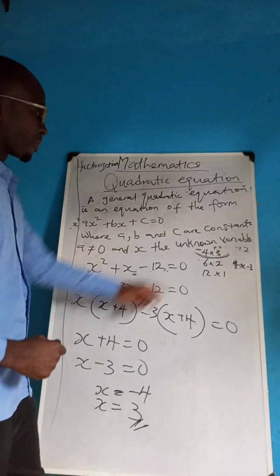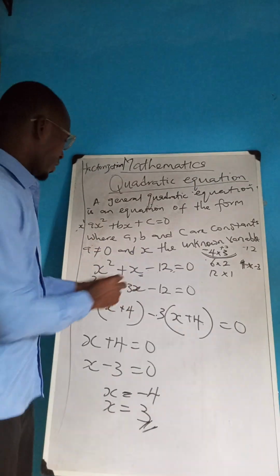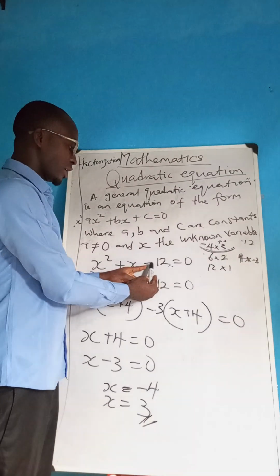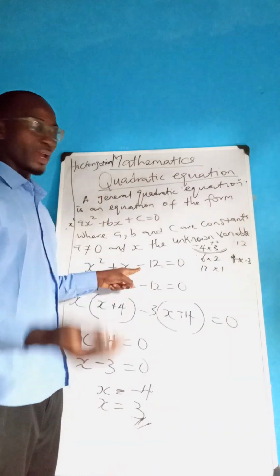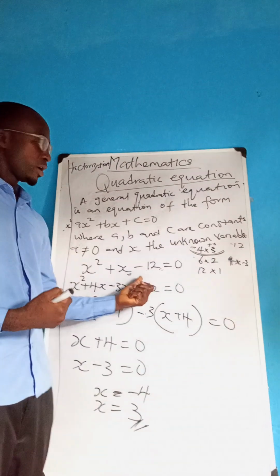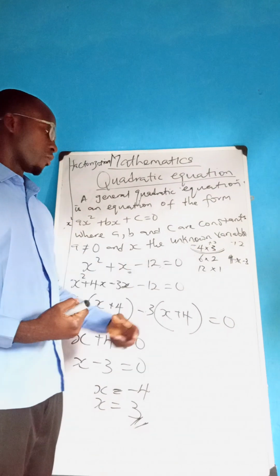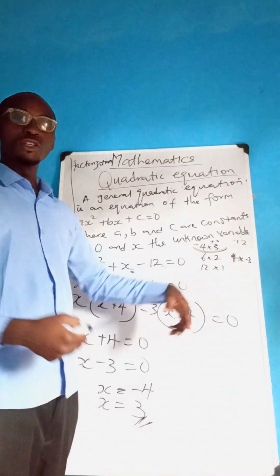Thank you. Like I said before, I'm going to recap again. For us to get this minus 12, we use any number that can multiply another number to give us 12. We said 4 times 3 is 12, 6 times 2 is 12, 12 times 1 is 12.